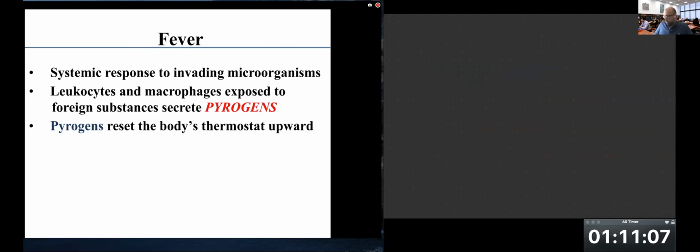All right. So we're looking here at a new innate immune response, which is fever. What causes fever is the presence of a pathogen. So I've got this bacteria here.